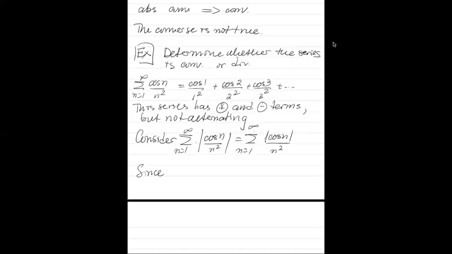So we know that the absolute value of cosine n, or cosine of anything, is less than or equal to 1, and that's true for every n. Therefore, we can say the absolute value of cosine n over n squared is less than or equal to, now substitute cosine n with 1, because that's the biggest it can be, so 1 over n squared.